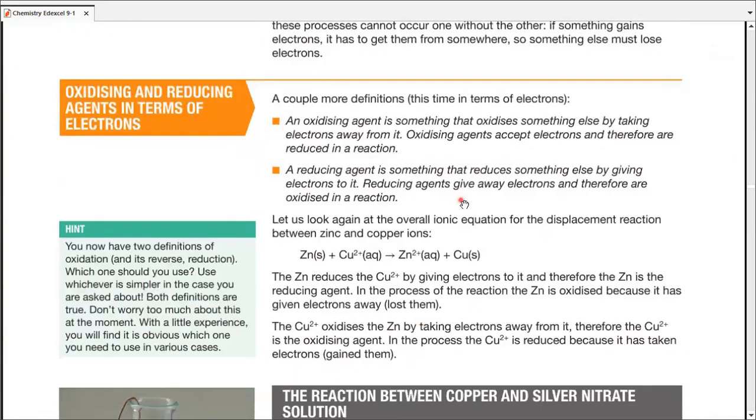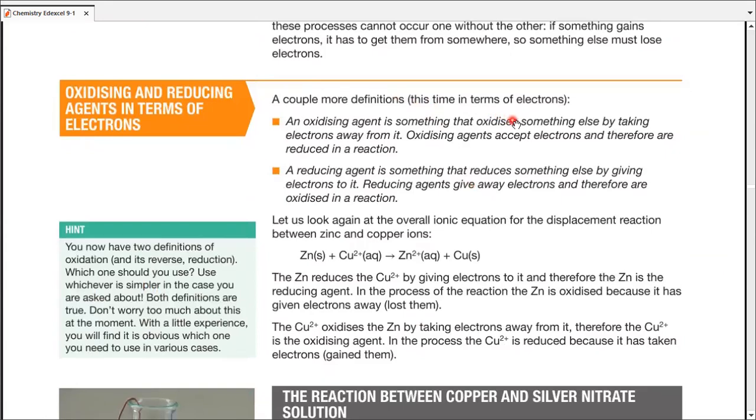Okay, so a couple more definitions in terms of electrons. Although we have already understood these definitions, this is just a repetition to make sure that you understand the definition in terms of electrons, because the examiner may ask you the definition in terms of electrons or in terms of oxygen atoms or hydrogen atoms, right?